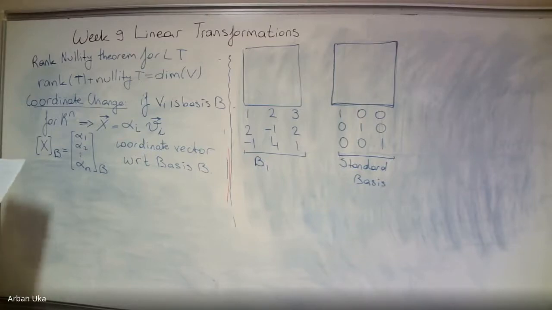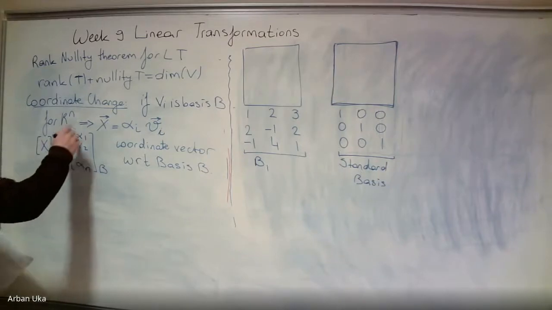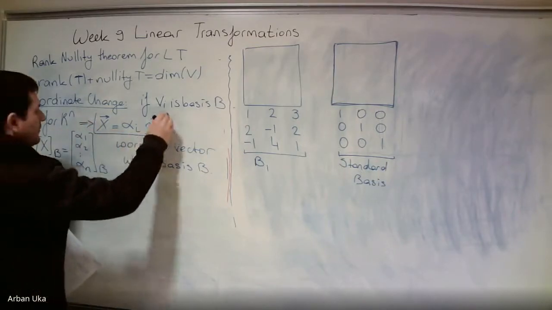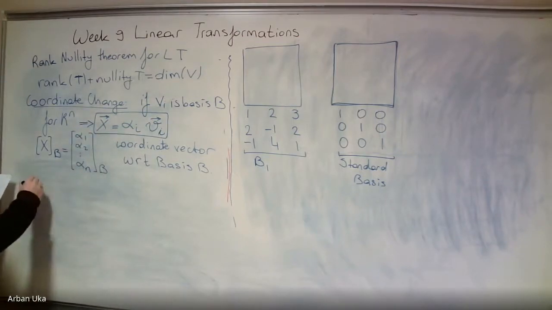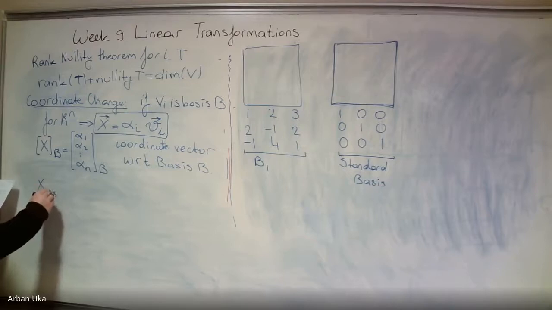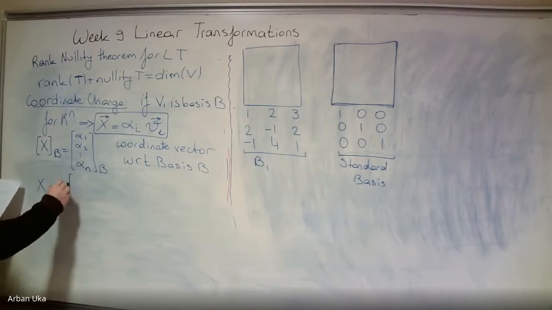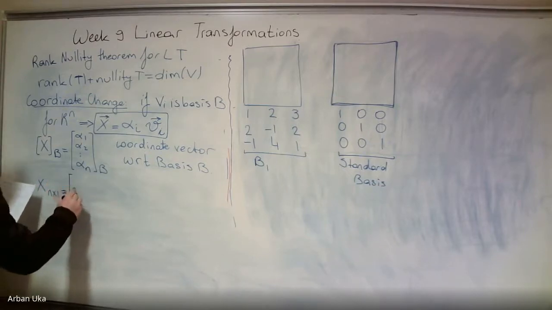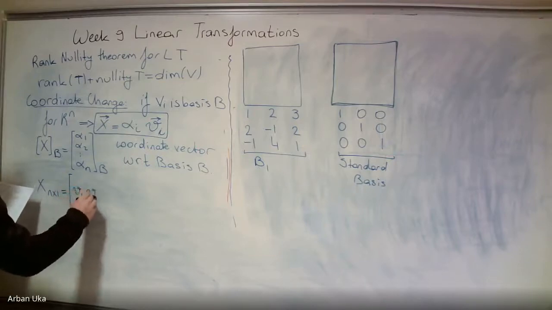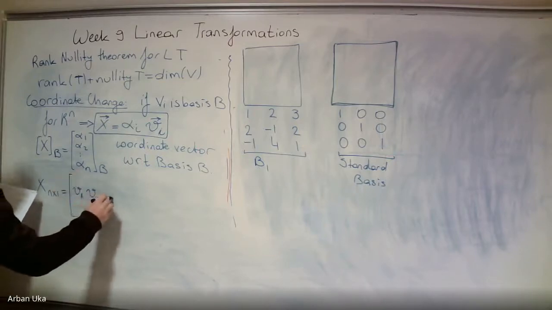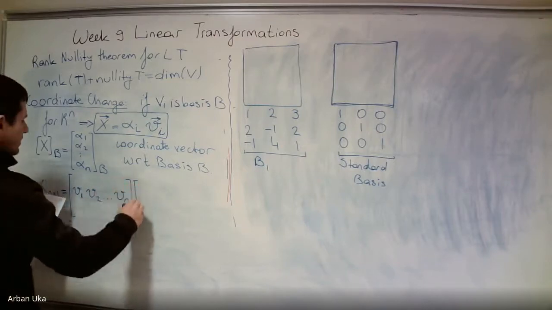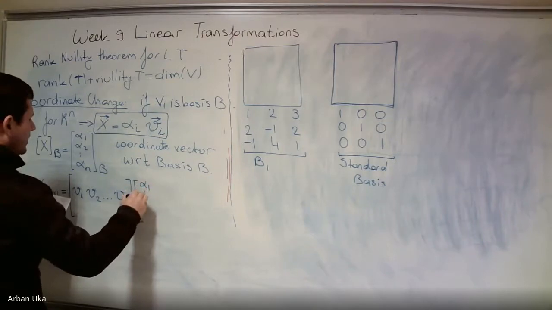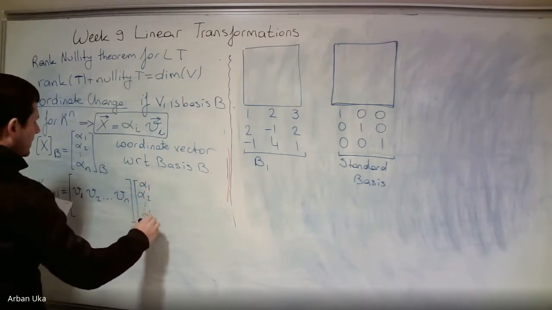Now, if we look carefully at this expression here, we can write it as follows. This x, which is n by 1, is in fact equal to vector v1, vector v2, and these are columns, and this is vector vn, multiplied by alpha 1, alpha 2, and alpha n.